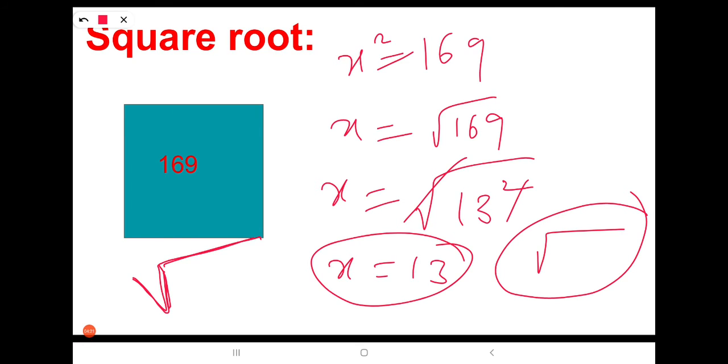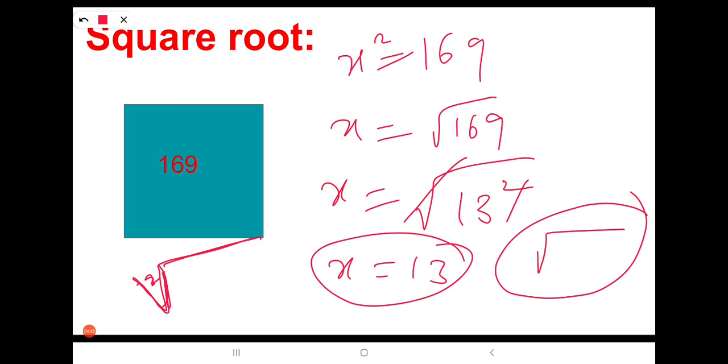It means every time I tell you square root, the 2 remains in the cap, whether it is given or not; we can just consider 2 is present here. That is the meaning of square root.